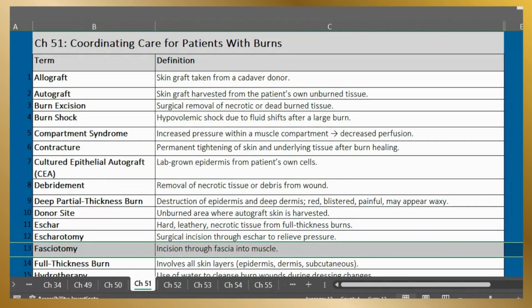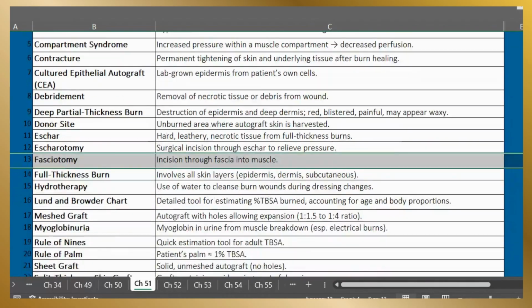Fasciotomy, incision through fascia into muscle, used in electrical burns or severe compartment syndrome to restore perfusion. Now we go a little bit down.